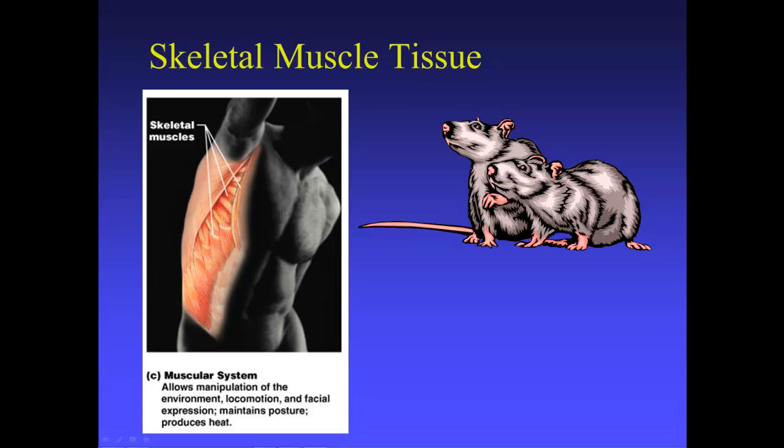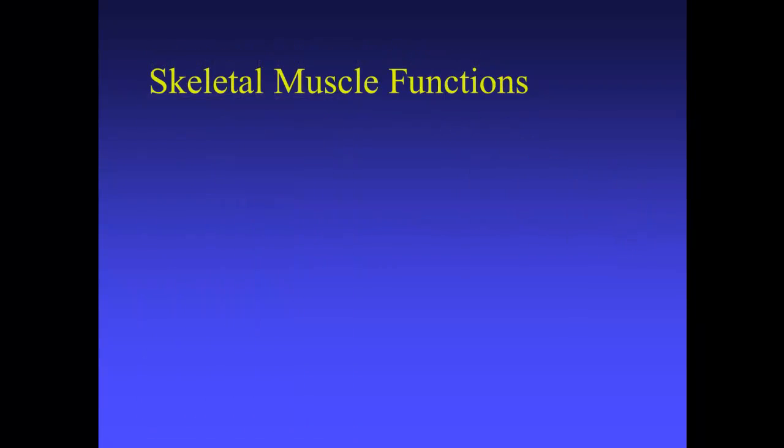Now, we'll talk about some other functions of skeletal muscles that are not necessarily interaction with your environment as we would often interpret it, but it does sort of fall under this category. So, skeletal muscles, in general, have a number of specific functions.